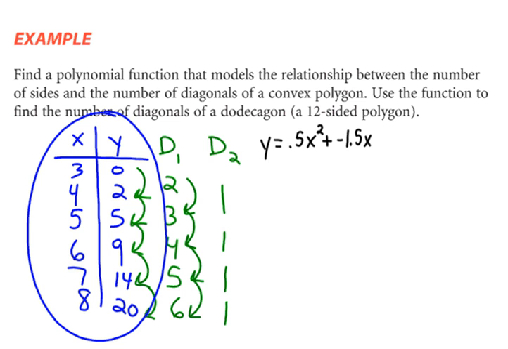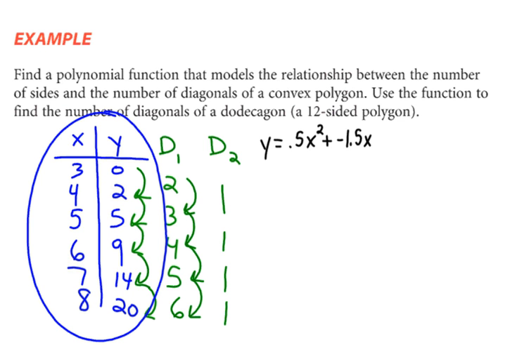So now we have our polynomial function y equals 0.5 x squared minus 1.5 x. And we can use this function to find the number of diagonals of a dodecagon, which is what they're asking us to do in the problem. A dodecagon has 12 sides.